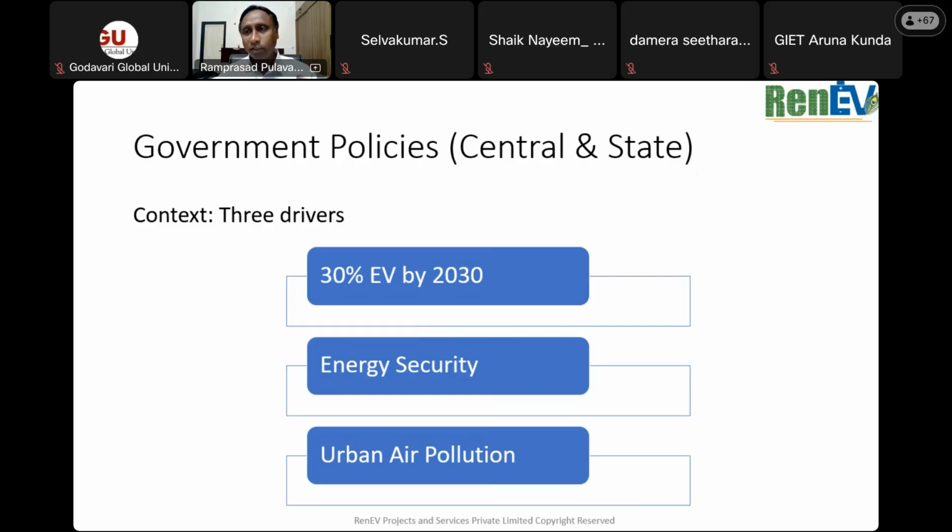So these are the three main drivers driving electrification or diversification of vehicles from ICE engines to a hybrid engine or an electric vehicle or a CNG or a liquefied natural gas.